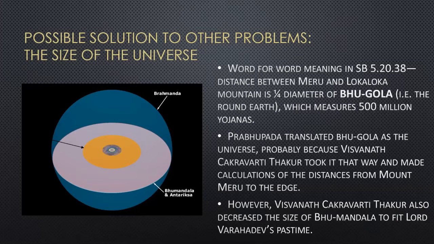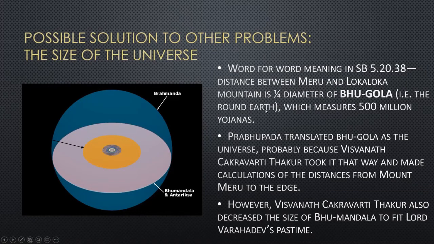In 5:20:38, it says that the distance between Mount Meru, right here in the center, and Loka Loka Mountain, the big mountain that separates the region which is illuminated by the sun and that which is not illuminated by the sun, is 1/4 the diameter of Bugola.